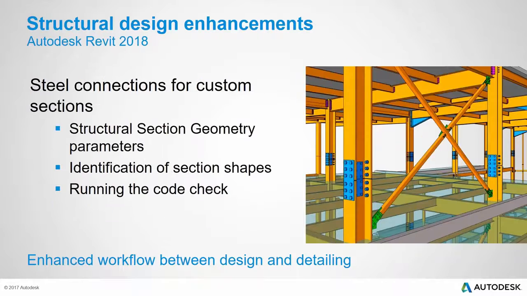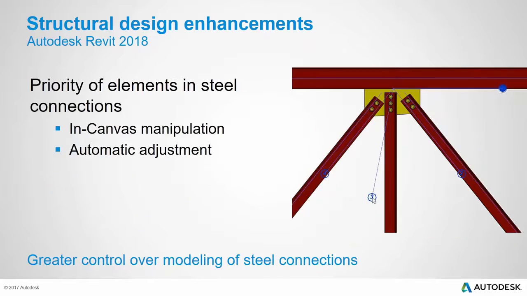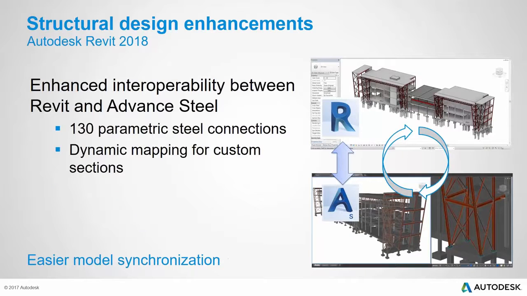And part of that, jumping ahead just a little bit, is due to this ability between Revit and Advanced Steel. There are 130 new parametric connections that come along with Advanced Steel as well. So there are 100 that come with Revit and 130 additional that go along with Advanced Steel that really allow you to transfer the model back and forth.